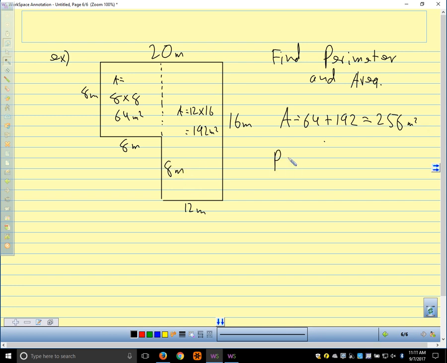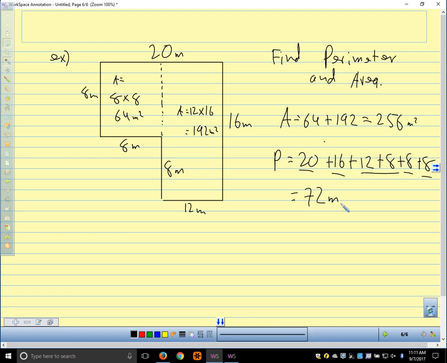So the perimeter is 20 plus 16 plus 12 plus 8 plus 8 plus 8. So let's see, let me add this. So this is 20, that's 20, so that's 40, 56, 64, 72. Did I do that correctly? I think so.